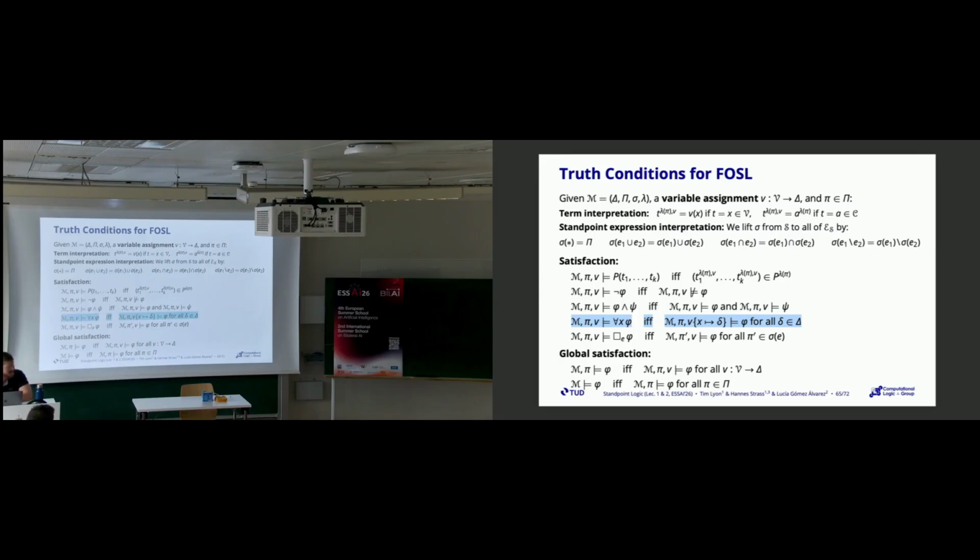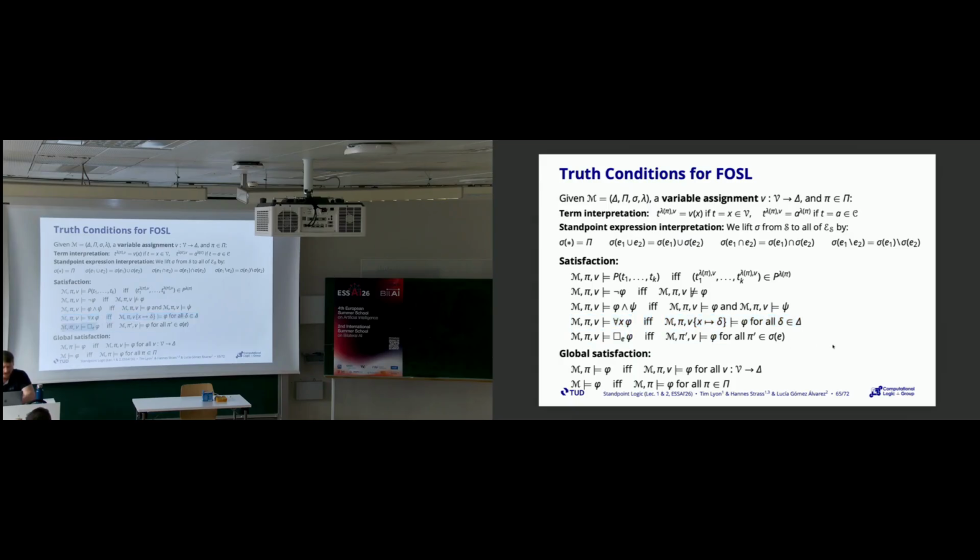Essentially what this is saying is that for all x phi holds relative to m, pi, and v, if and only if, when I take phi, which can contain the free variable x, if I let x vary over all of delta, so if I let x be the name of any object in delta and phi holds, then that means that phi holds of everything. So I can claim for all x phi. That's what this clause is saying here.